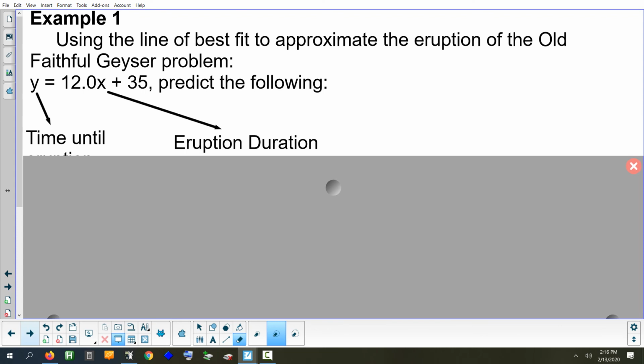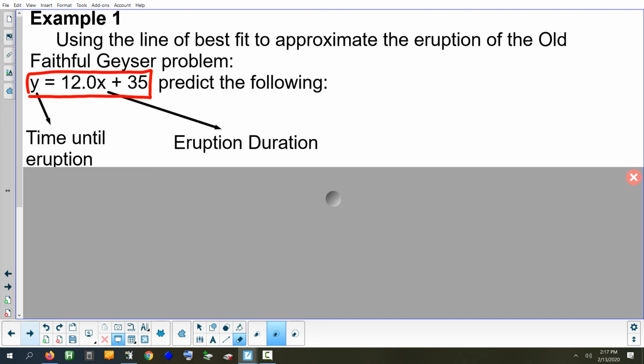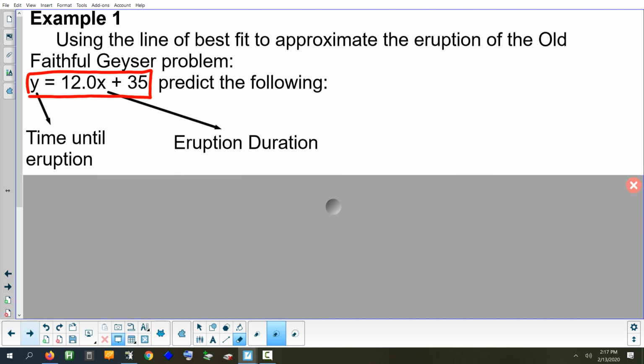All right, so this is a formula that you would have gotten using the calculator, practicing what we did in the warm-up. We're not going to practice it again. So you guys have that formula already printed. You just need to fill in the two arrows. This formula basically tells you how long you have to wait until the next eruption of this geyser. That's a famous geyser in a park, and it only erupts every so often.